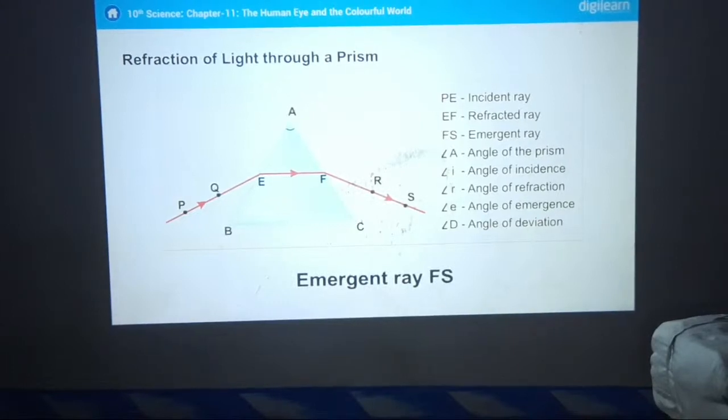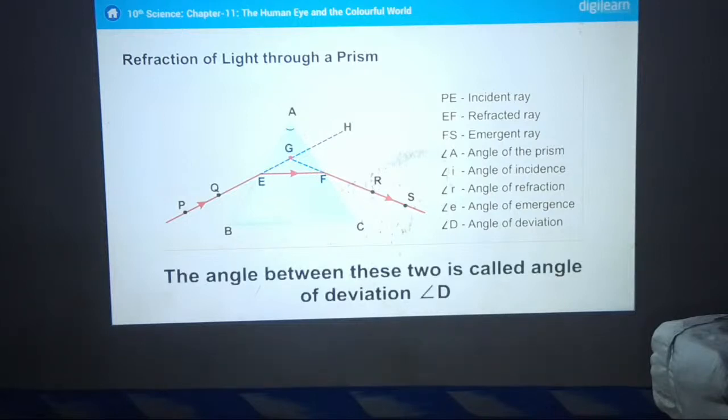The angle the emergent ray makes with the normal is called the angle of emergence. Extend the incident ray to meet the emergent ray at G. The angle between these two is called the angle of deviation, angle D.